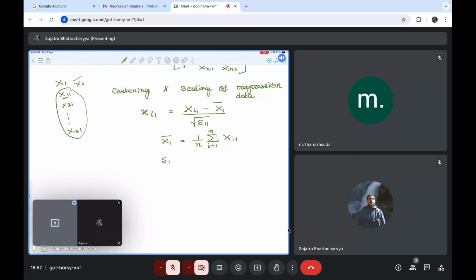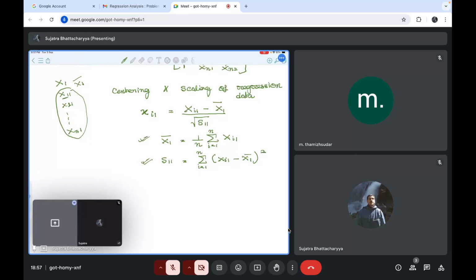And what is S11? It is an incomplete standard deviation definition; we are not dividing by n in this case. It is just the summation, i equals 1 to n, of xi1 minus x1 bar, whole square. This is also a kind of variance, but in case of variance we generally divide by n, and here we are not dividing. So this is the definition.